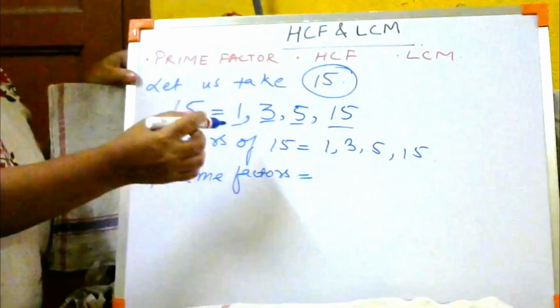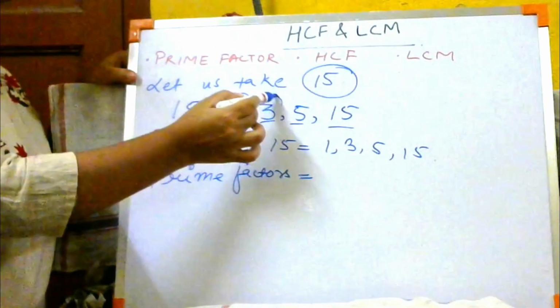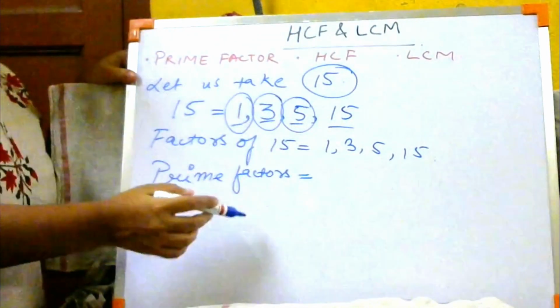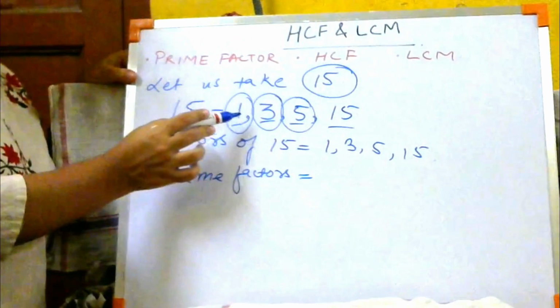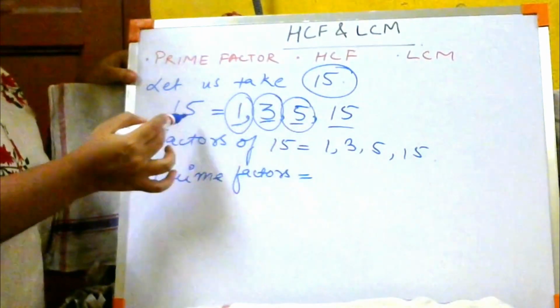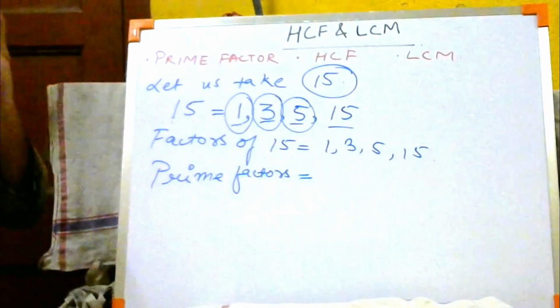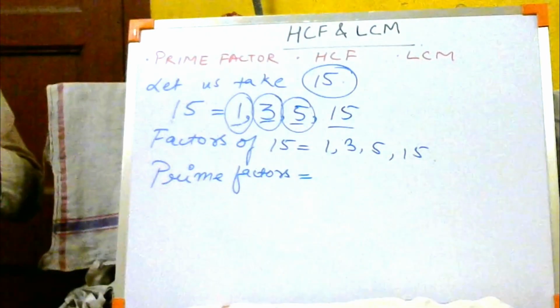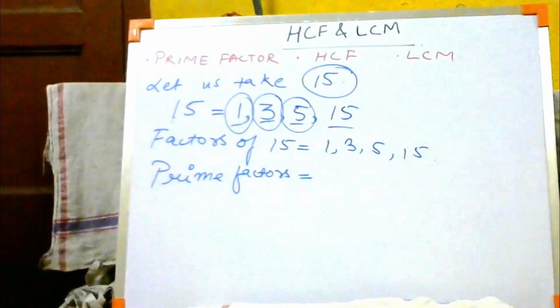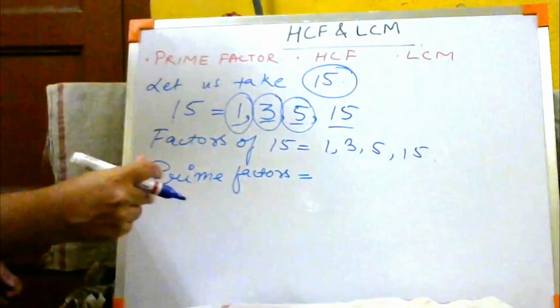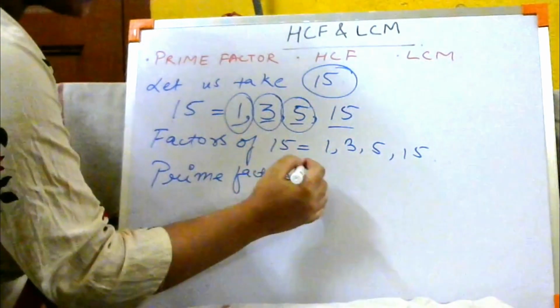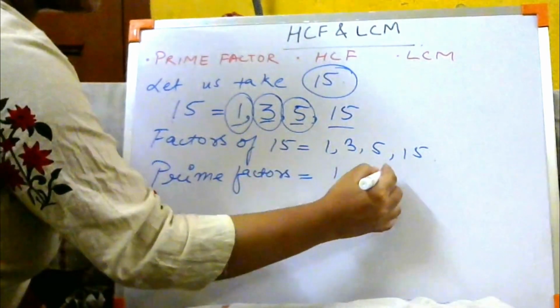So over here we have all those three: 1, 3, 5. So over here what are the prime factors then? 1, 3, 5. So the prime factors of 15 are 1, 3, 5.